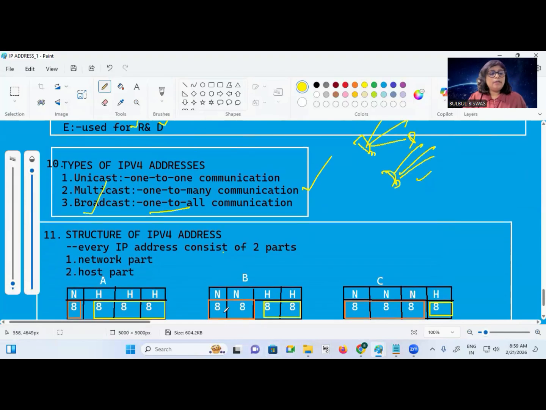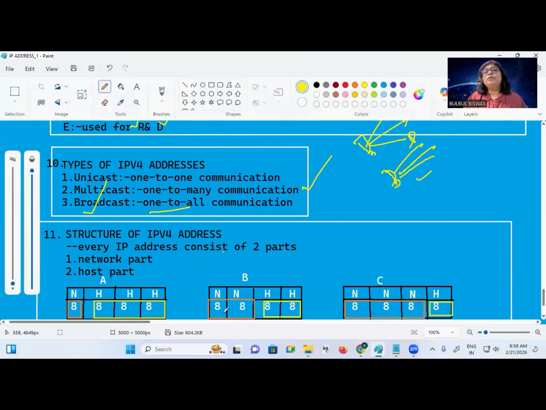So remember one thing, an IP address has a basic structure. Like in our family, your name consists of two things: your name and the surname. The surname defines which family I belong to, and my name identifies who I am in that family. So here it is the same thing.